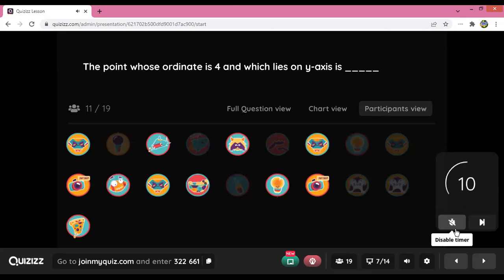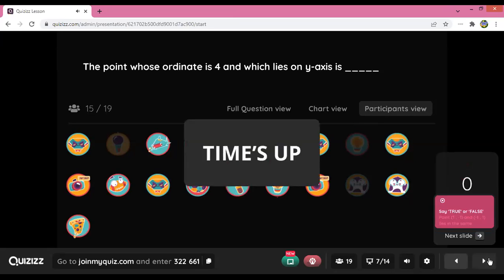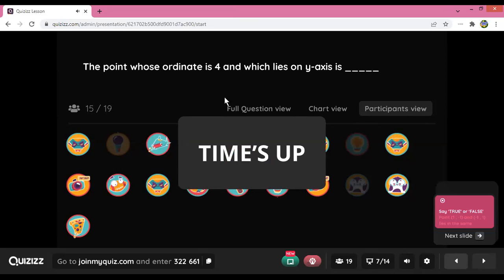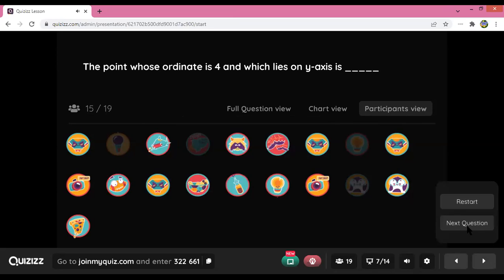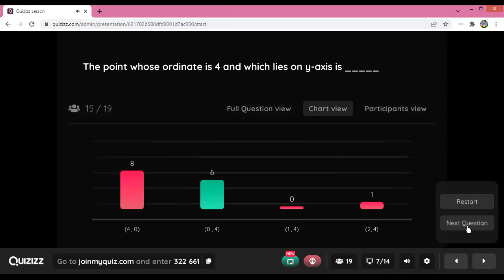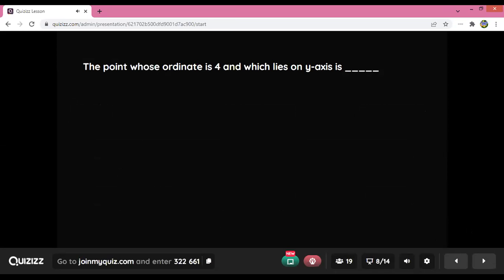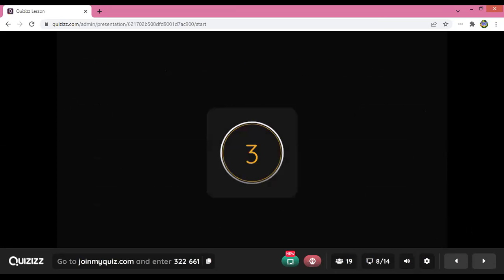Since it lies on the y-axis, there will be some value for y, right? And the x will be 0. So what's the answer? Time's up, check. Since there is some y value, that means it lies on the y-axis. So the y value was 4 and x will be 0, correct?